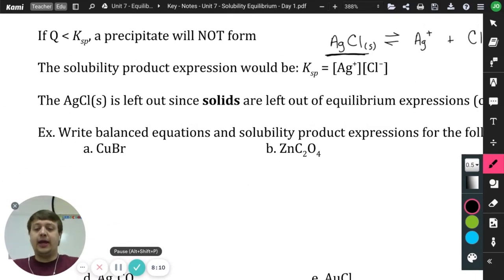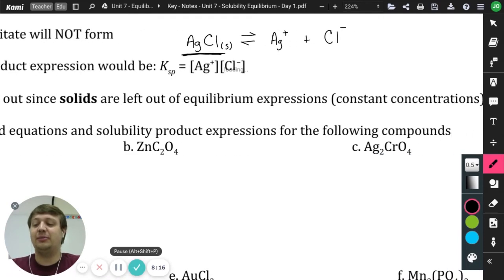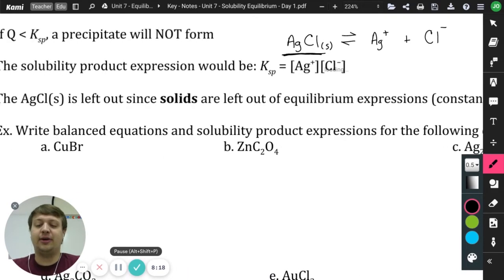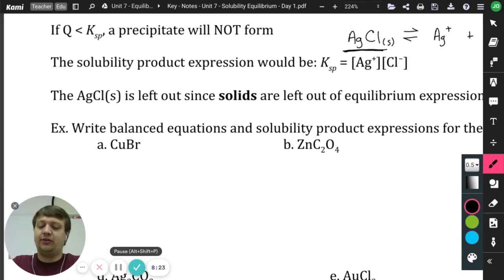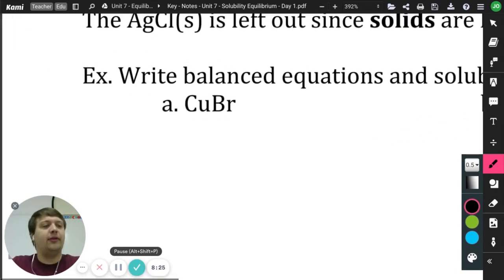Again, this is just what I just said. The silver chloride is left out since solids are left out of equilibrium expressions because they're at a constant concentration. So the question says write a balanced equation and the solubility product expressions for the following compounds.